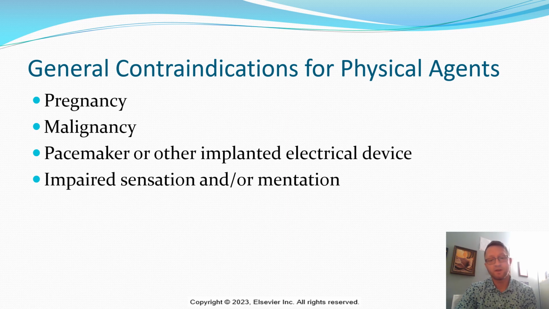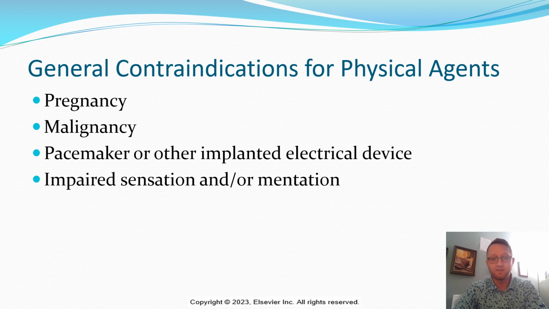This is a slide that you probably need to start here. These are some of the general contraindications for physical agents. By no means are these all of the contraindications that you're going to see, but they are just more of those generalized ones. So anytime that you're performing any modalities, you might want to check to see if that person is pregnant, if they have a history of malignancy or current malignancy, that would be a big red flag.